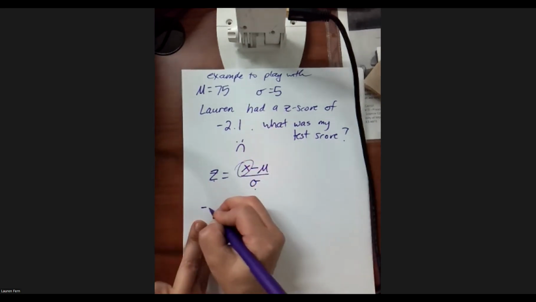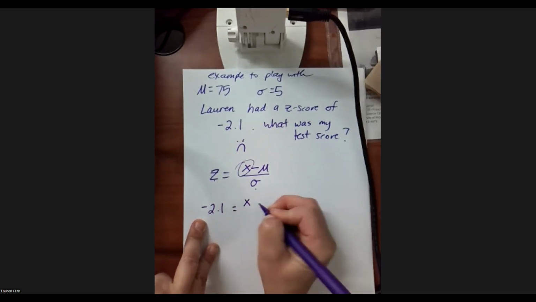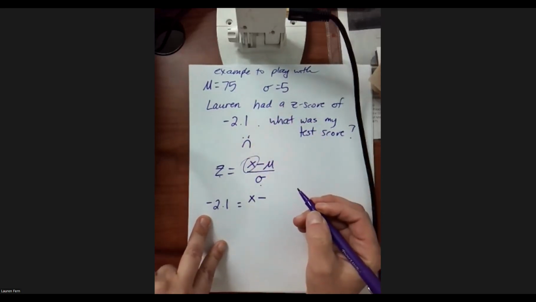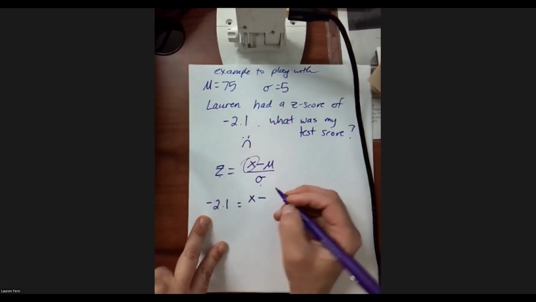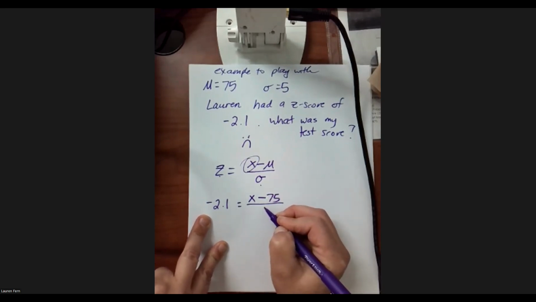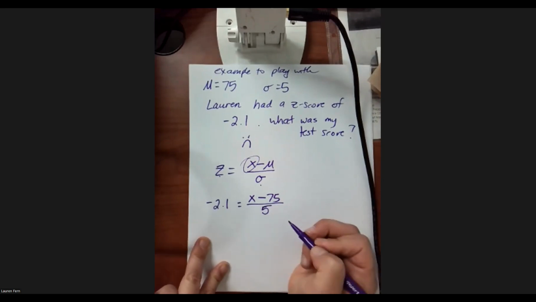Wasn't that negative 2.1? I'm looking for X. What was the class mean? 75. And what was the given standard deviation? 5. Okay.